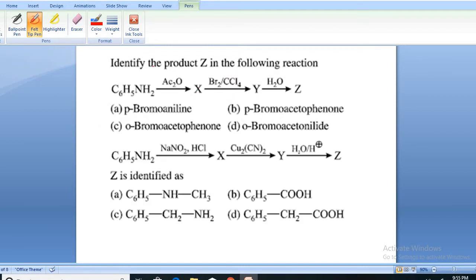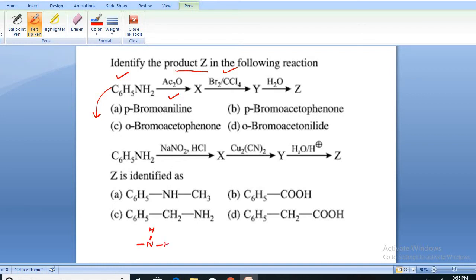Now let's move on to the next part. Identify the product Z in the following reaction. So you have aniline, acetylation gives X, then bromination in presence of a solvent, and then you have hydrolysis. Here is a very simple logic. Let's talk about this particular reaction. Let's say you have NH2, so I'm just going to write NHH.